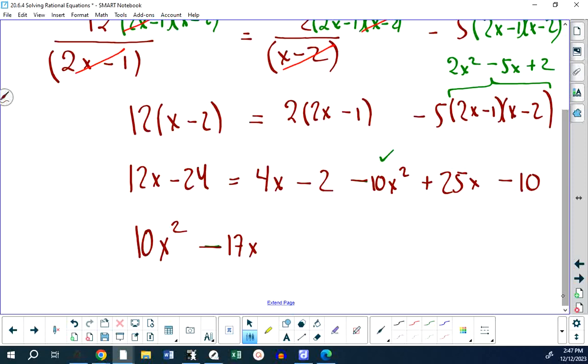Can you confirm, a couple of you, that it's negative 17x? Don't let me be the only one doing math. It is? Okay. And for my numbers, I already have negative 24, and I've got negative 12 on the other side, so I have to take negative 24 and add 12, which gives me negative 12.